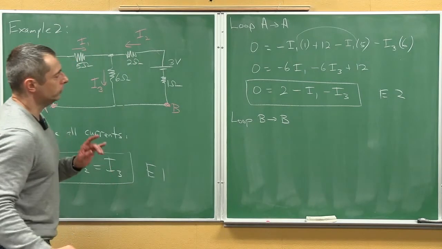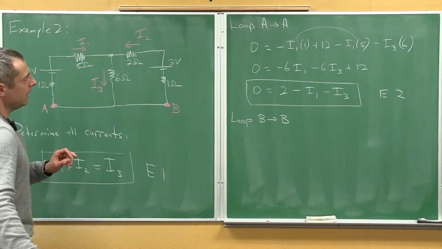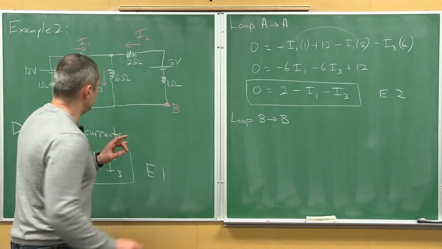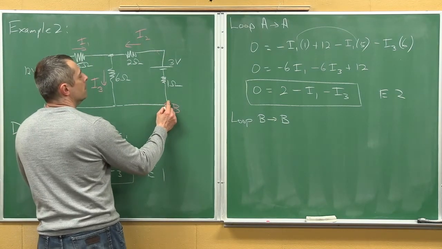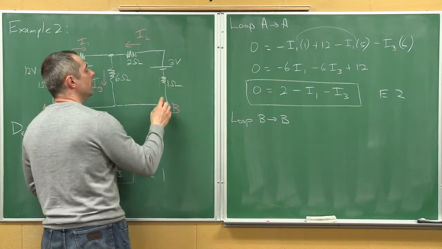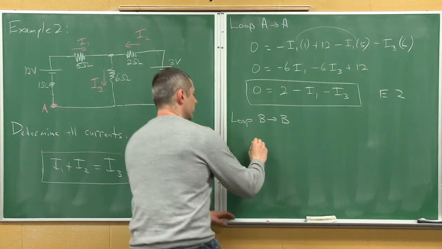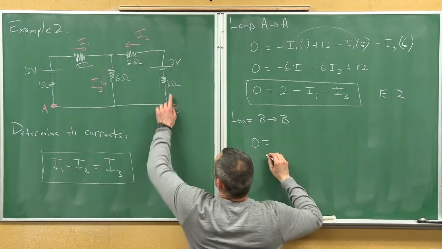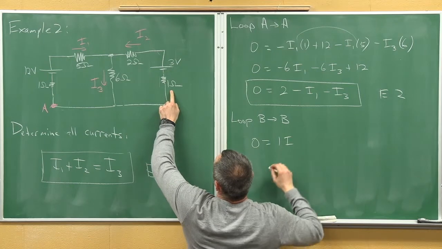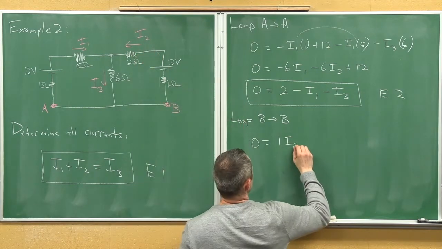So loop B to loop B. And so here we go. Let's go with the current. We're going to go minus IR through this resistor because the current's going this way. The ant's walking from high volts to low volts. So 0 will be minus IR. Actually, I'll put R1 times I2 in that branch.